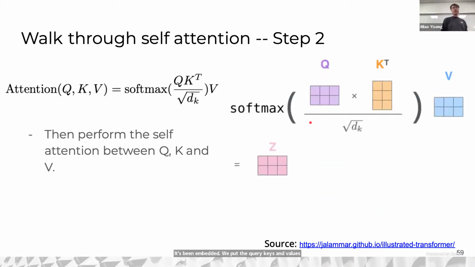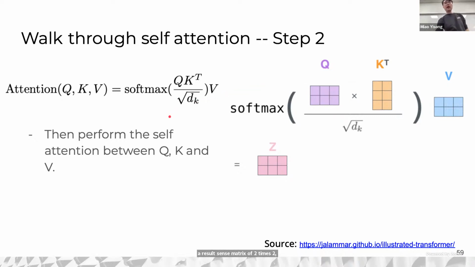And step 2 is that we perform the scaled dot product, and the way we do so is by matrix multiplication, right? So in this running example, Q is of dimension 2 times 3, and K^T is of dimension 3 times 2, which outputs a resultant matrix of 2 times 2.